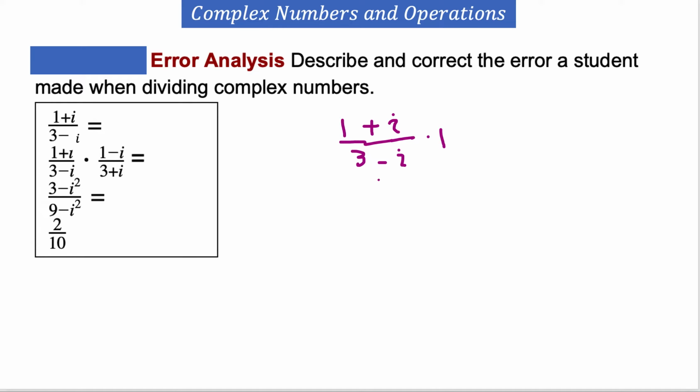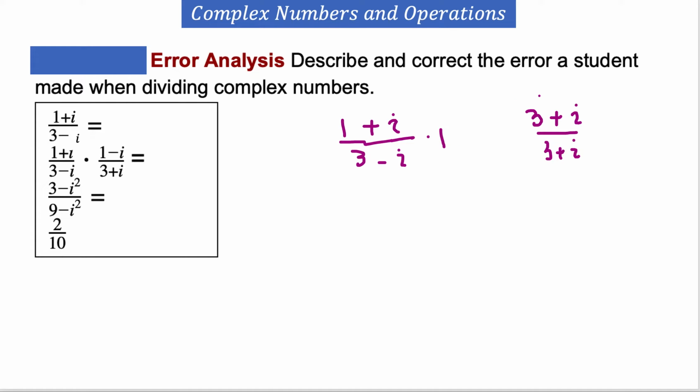Here I'm looking at the conjugate of 3 − i because I want to rationalize this denominator. The conjugate of 3 − i is 3 + i, so (3 + i) divided by (3 + i), which is 1.